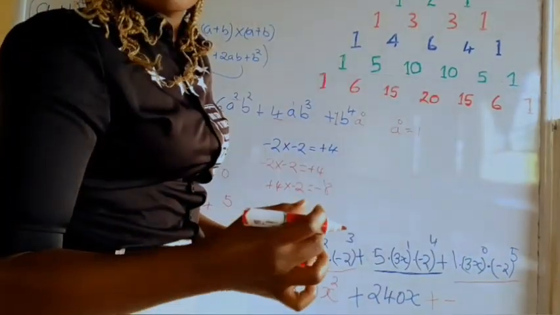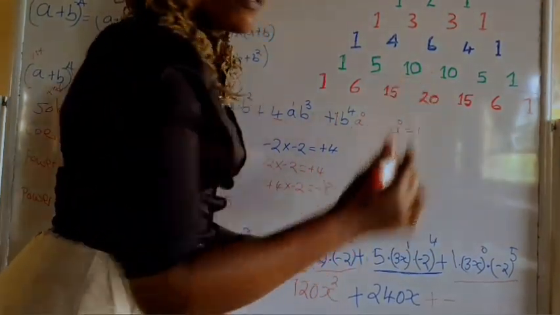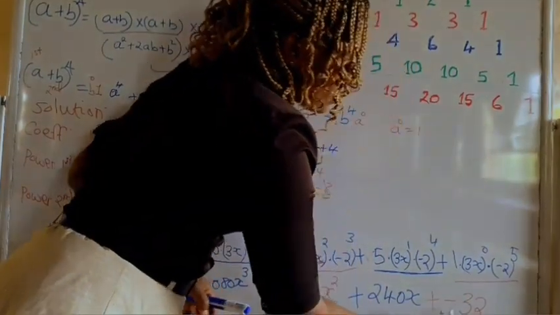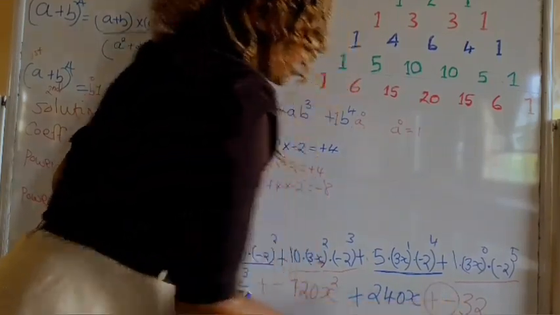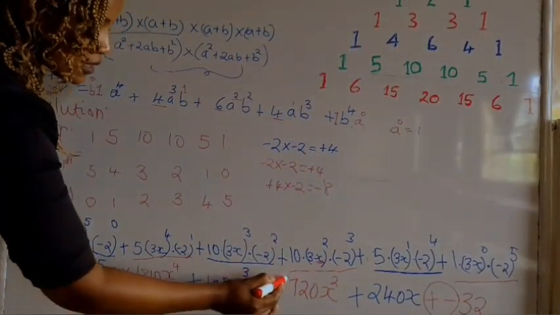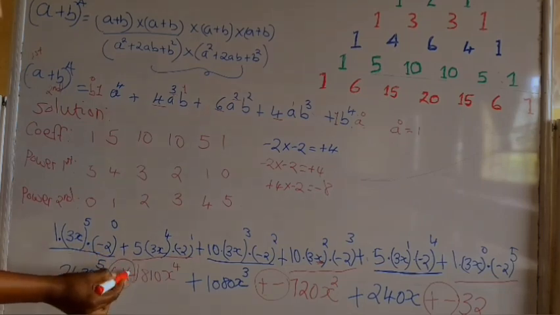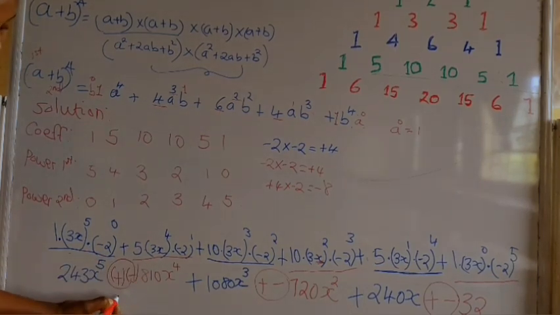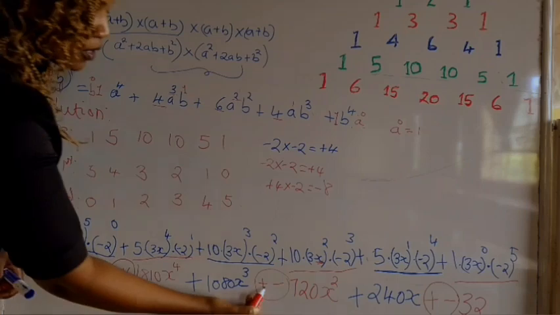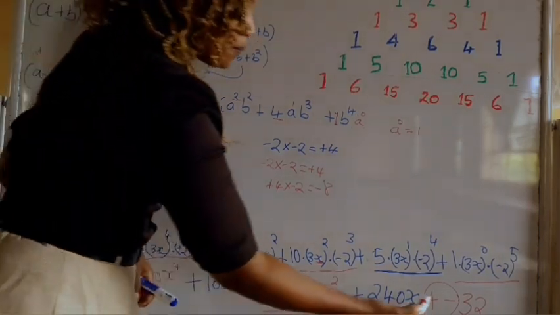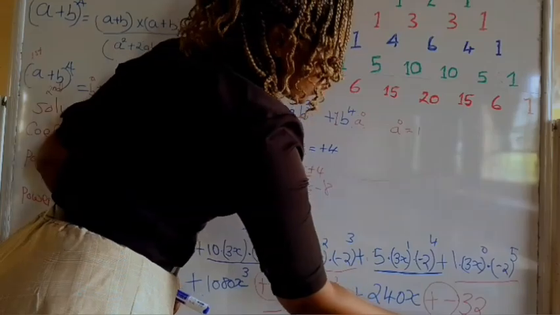When we have 2 power 5, 32. Now let's consider these signs here. Okay, so positive times negative is negative. Positive times negative is negative. And positive times negative is negative.